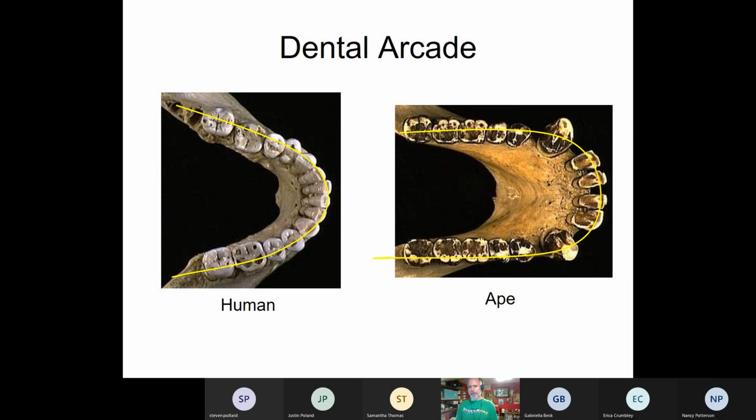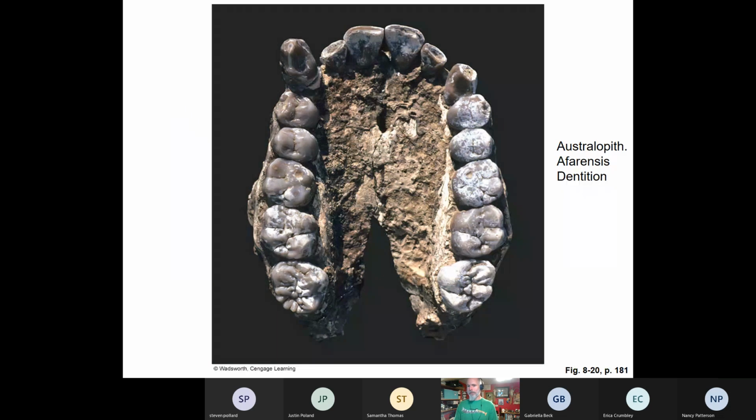With apes and Australopithecines, because this is Australopithecine, it's converging in the back. So diverging in modern humans, converging in pre-modern humans. Definitely one of the things you see as an indicator of evolution.